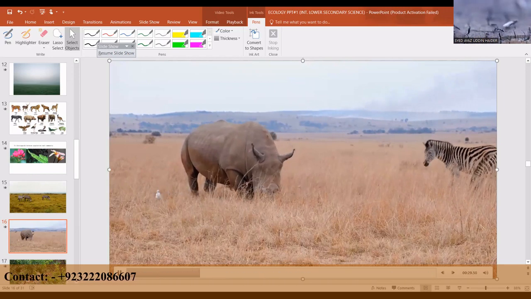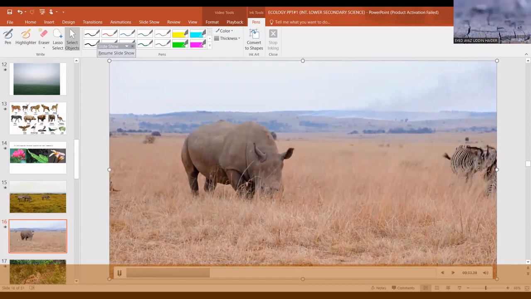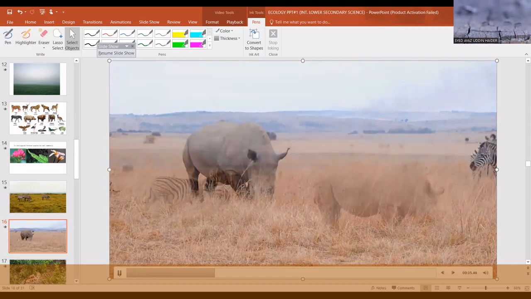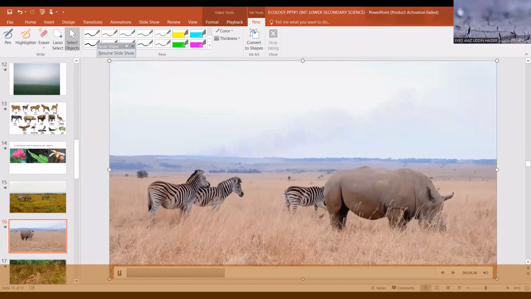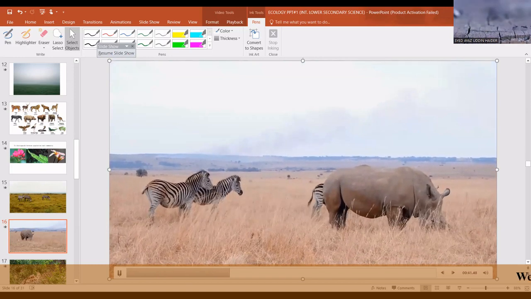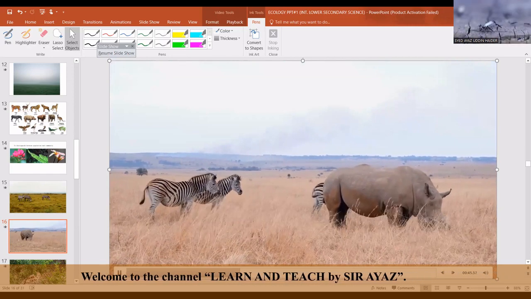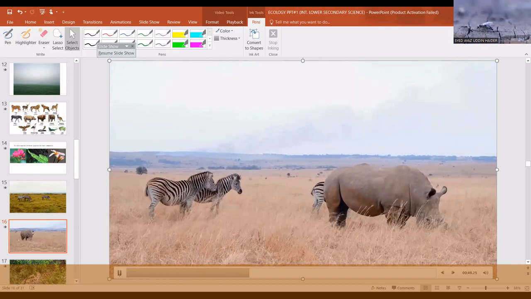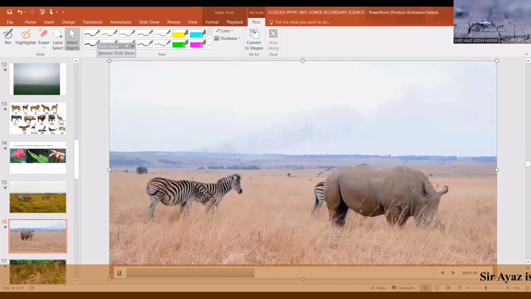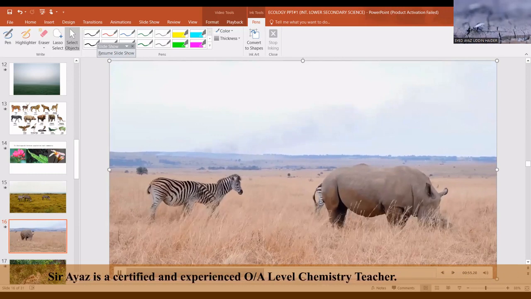These animals are populations, and this grassland is their habitat as well as community. I'm saying community because you have populations of different organisms. You see, these all are living together. They either interact directly or indirectly with each other in some way.